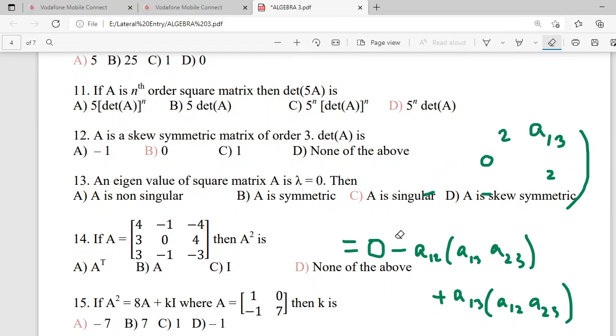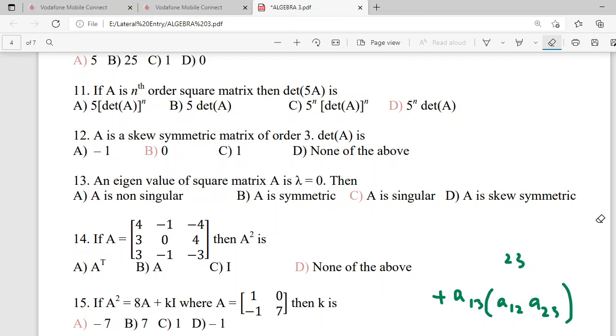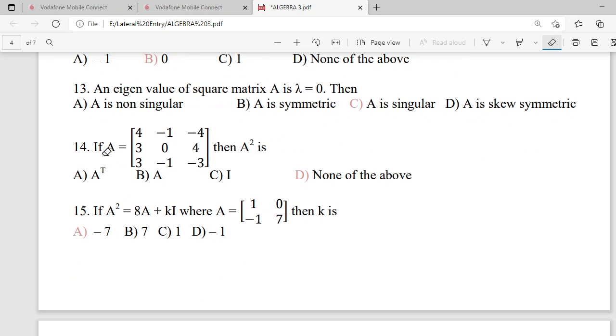Next one is this one. A is this, and A square is A transpose A inverse. You have to compute A square.